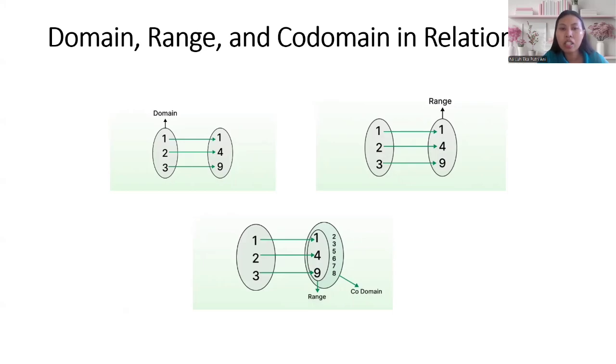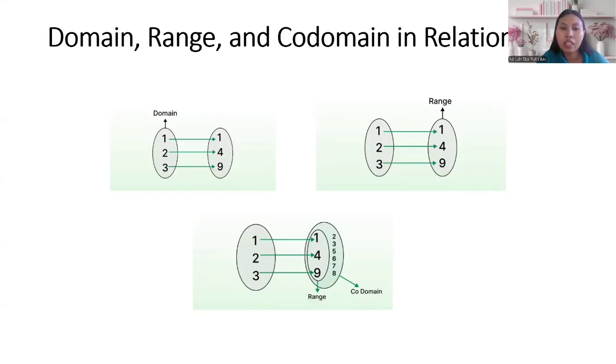Okay, next, range. The range of any relation is the set of output values of the relation. For example, if we take two sets A and B and define a relation R as the set of all ordered pairs (a, b) such that a is an element of A and b is an element of B, then the set of values of b is called the range of the relation.